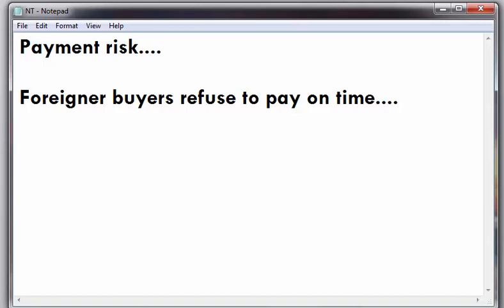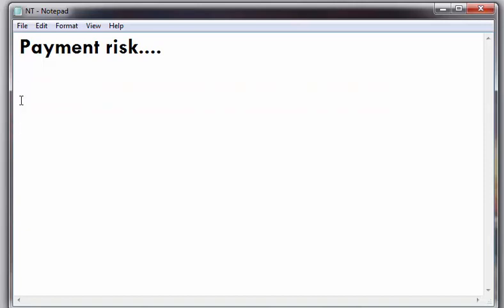When you don't use the right payment method and the buyers refuse to pay you on time in order to pay the supplier, there is going to be a big problem on that deal. You understand now? So that is one of the risks here. Another one is, what if the buyer does not even pay at all? Even if they delay or don't pay on time, there is a tendency that they will pay you later. So what if they didn't pay at all?